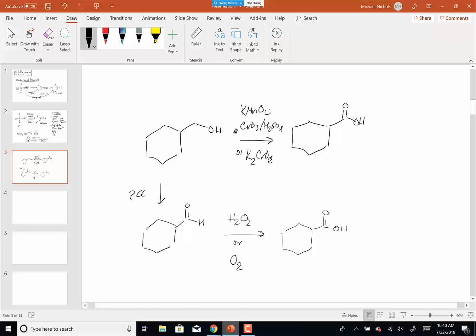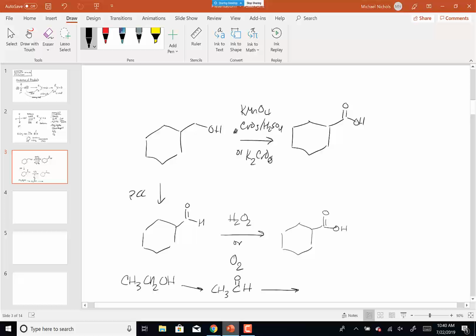Because you don't want the ethanol that's in your alcoholic beverage to be oxidized to an aldehyde from oxygen gas.